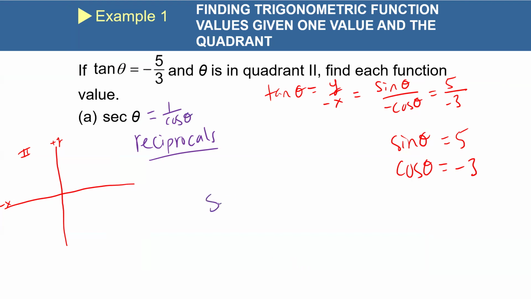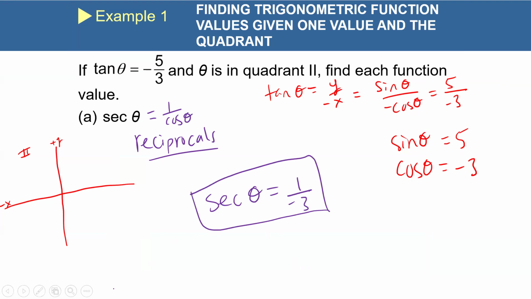So what is the secant theta here? 1 over negative 3. So we used our quotient identity to identify what's sine and what's cosine. Then we used our reciprocal identity to find out what secant theta was. So this was our quotient.